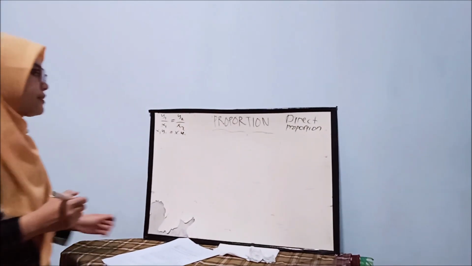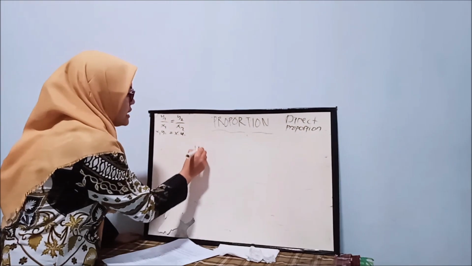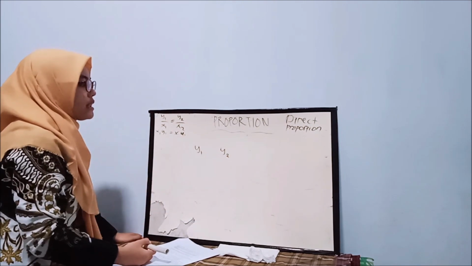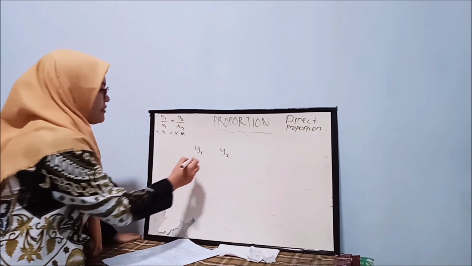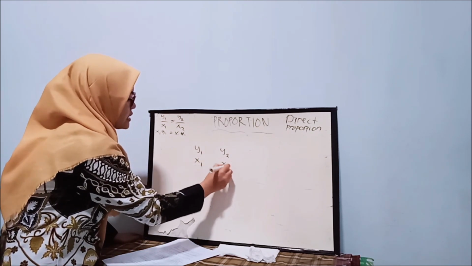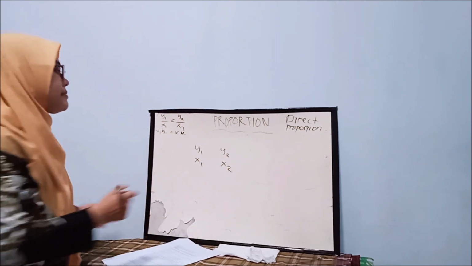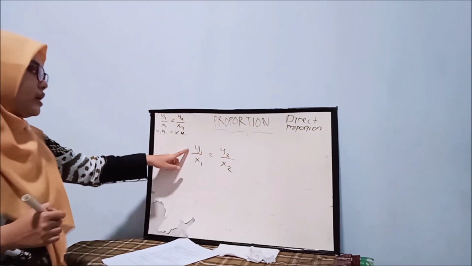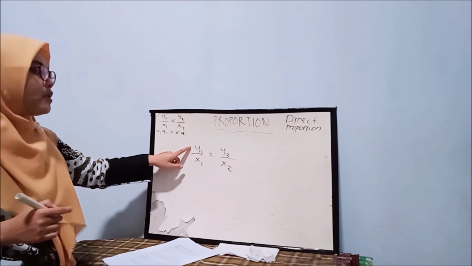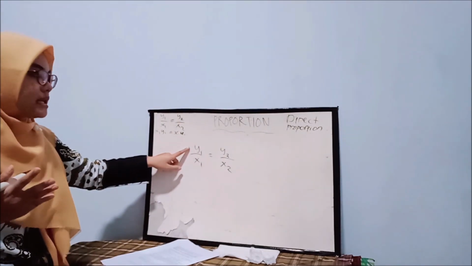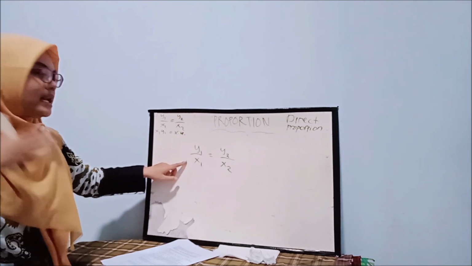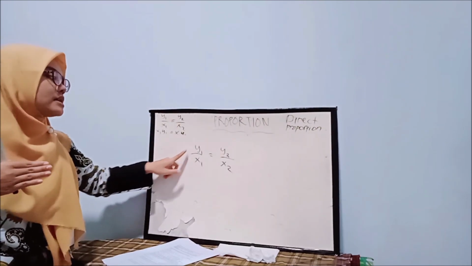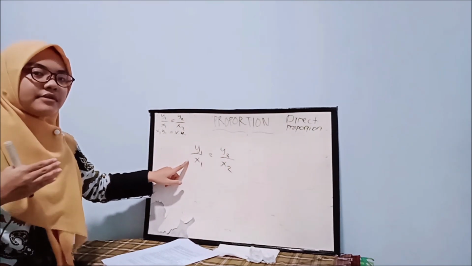So if we have values y1 and y2, and x1 and x2, we have the same ratio. If the value of y is increased, the value of x will increase also. If the value of y is decreased, the value of x is decreased also.